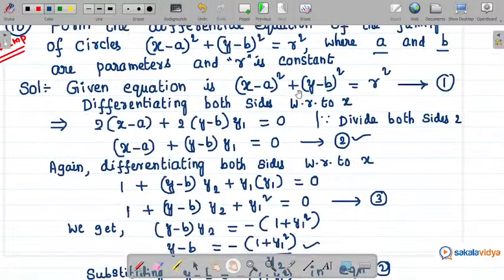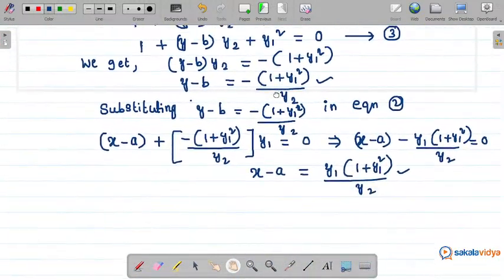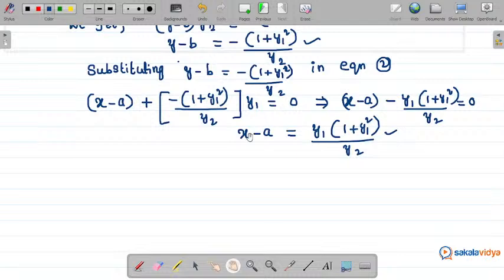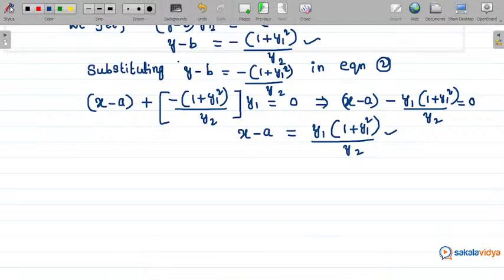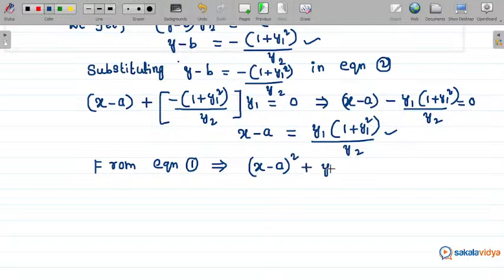This is equation 1: x minus a whole square plus y minus b whole square is equal to r square. Let us substitute both the values, x minus a and y minus b. So writing from equation 1: x minus a whole square plus y minus b whole square is equal to r square. In the place of x minus a, substitute this one, but x minus a whole square.